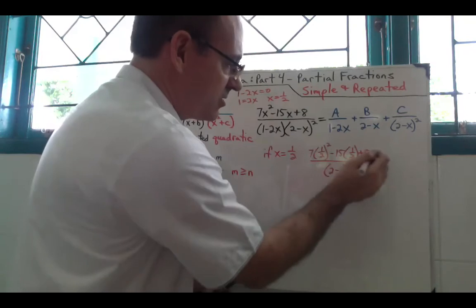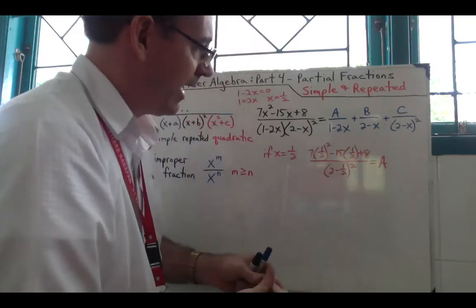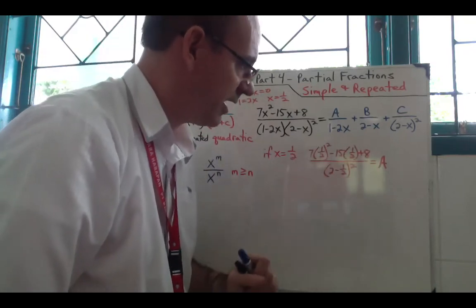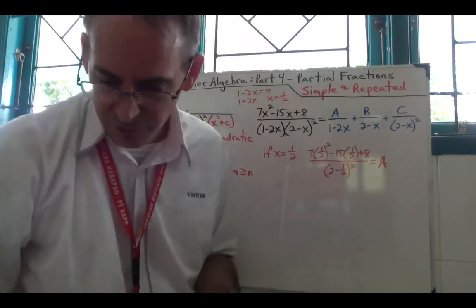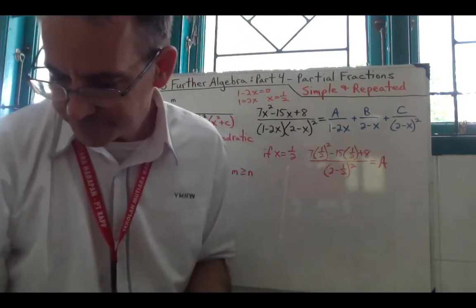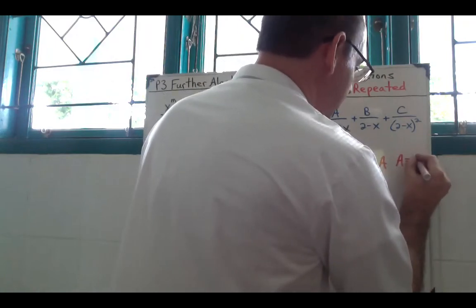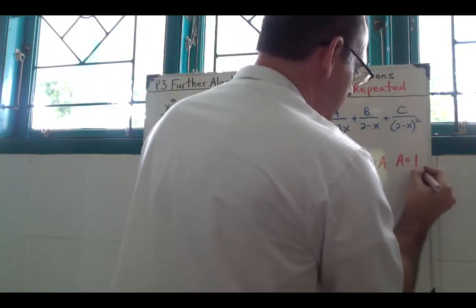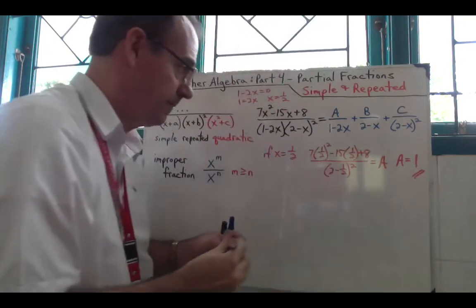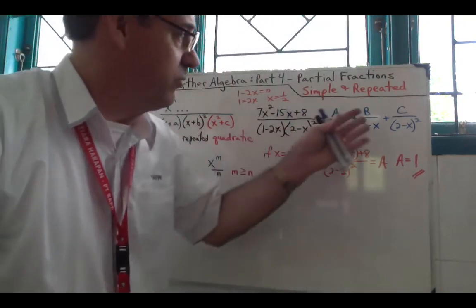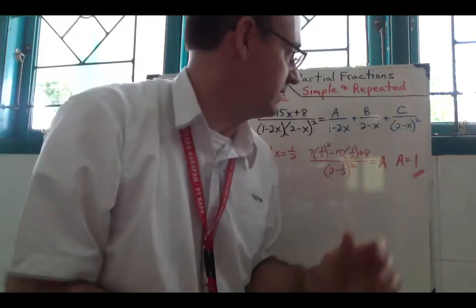So this is actually what we're working with here, and you can do all of this on your calculator, and when you do that on your calculator, you end up with A equals 1. Okay. Then we move on to B and C.